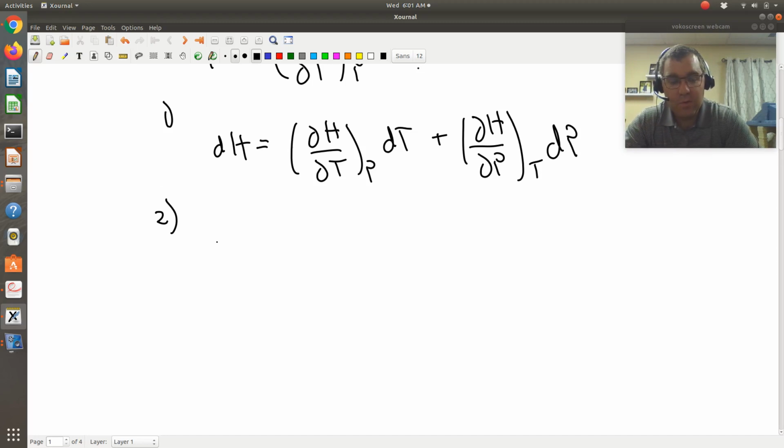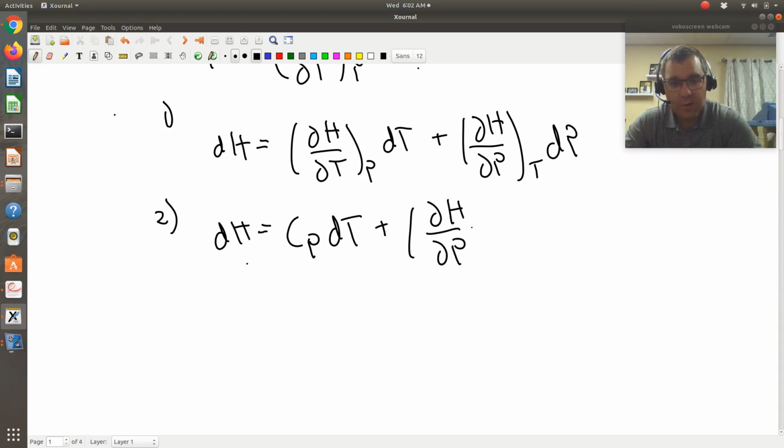What we ultimately want is a final expression that only contains the variables P, V, T, those physical quantities I can readily measure, or Cp and Cv. So in this case, I'm going to plug in Cp. So dH will be Cp dT plus partial H partial P at constant T dP.